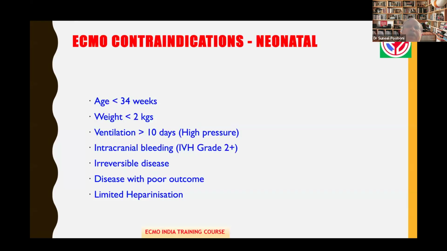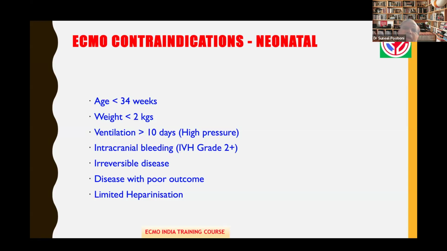In the neonatal period, ECMO contraindications are age less than 34 weeks. You can imagine, as the possibility of intraventricular hemorrhage is much higher below 32 weeks gestation. So people have put it as less than 34 weeks gestation, not a candidate for ECMO. And we tend to see a lot of negative effects in those children.